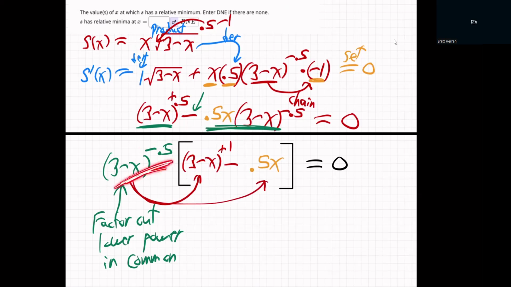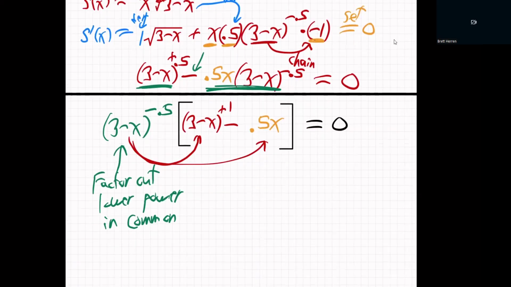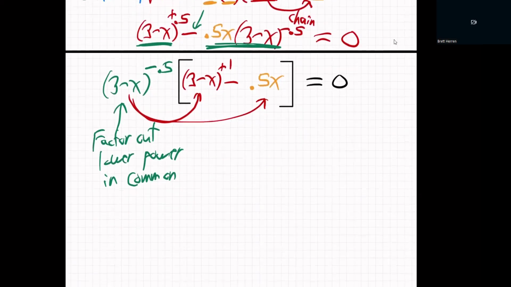You've already got the right power. 3 minus x to the negative 0.5 times this will go right back to that. Do you see that? Okay. So now where do we go from there? That's a tricky step, which I learned when I was taking calculus. So minus 0.5x. I used brackets just so it looked different than parentheses, but you don't have to. So, okay.